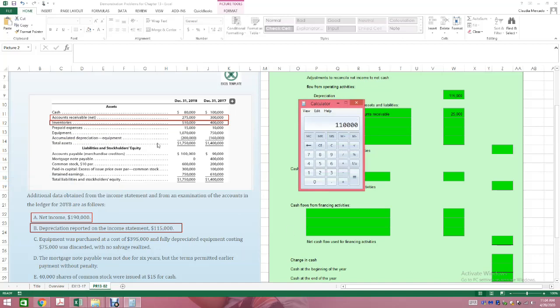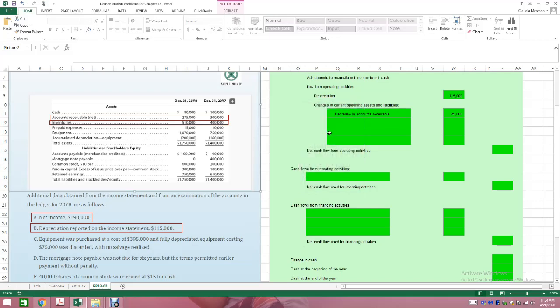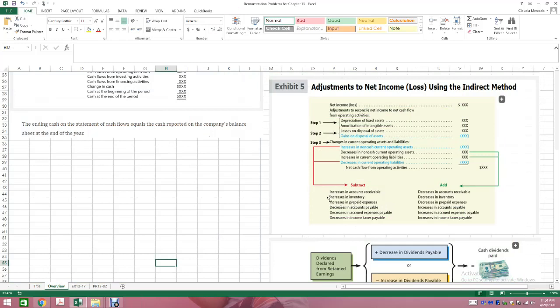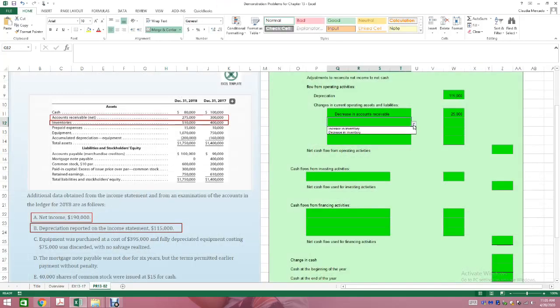My inventories increased by $110,000. If your inventories increase, you're going to subtract. Increases in inventory are subtracted.